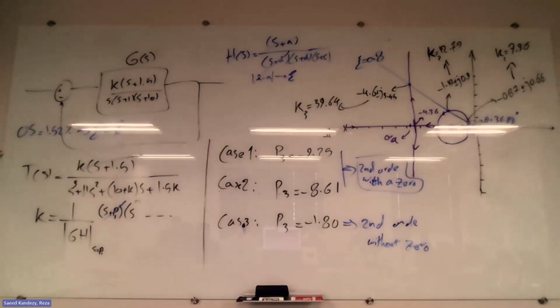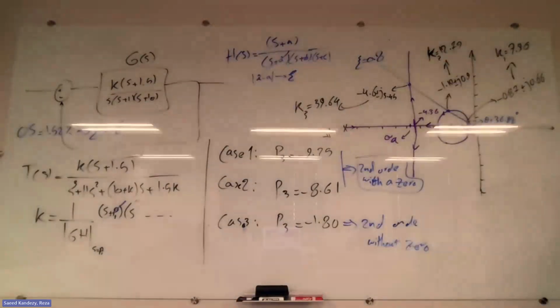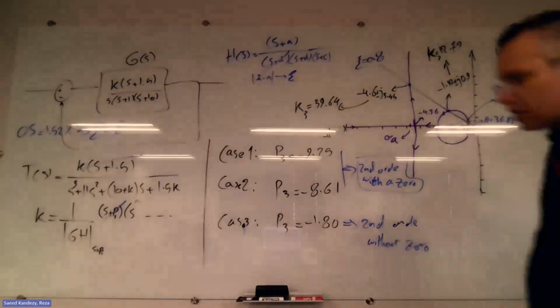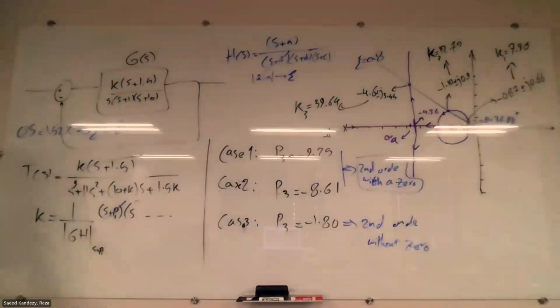Now, I want to add a very quick concept, and then we are finishing with the root loci. So far, all the systems that we saw were for the case of negative feedback.